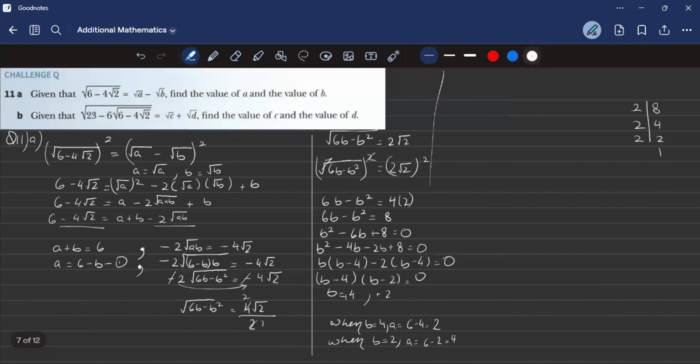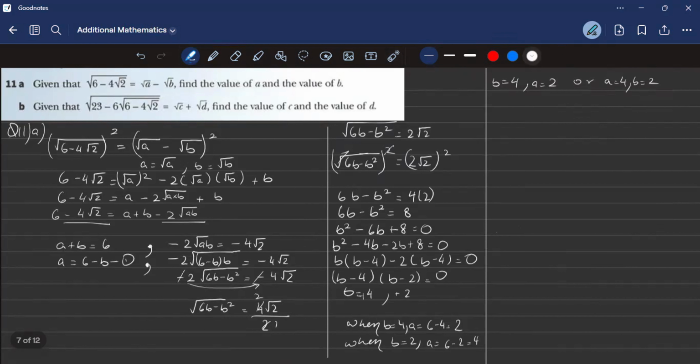So we have the conclusion. Wait a second, let's clarify this line. So we have the conclusion: b is equal to 4 and a is equal to 2, or a is equal to 4 and b is equal to 2.